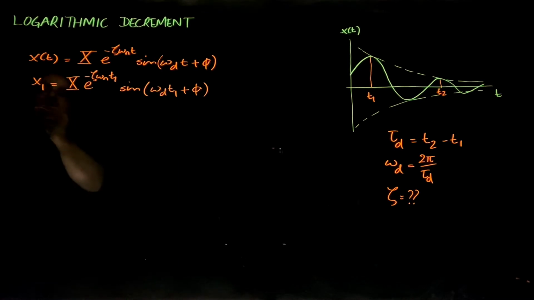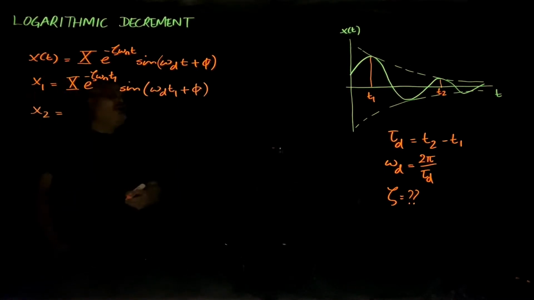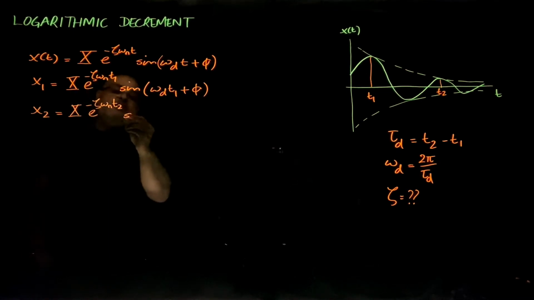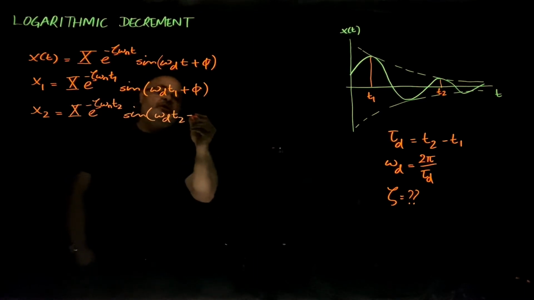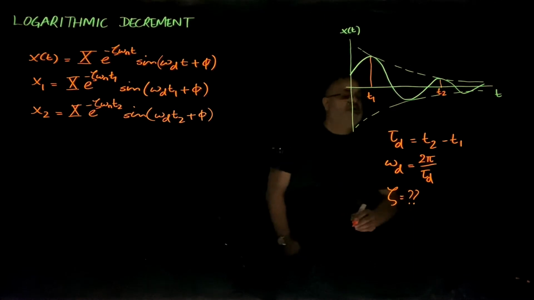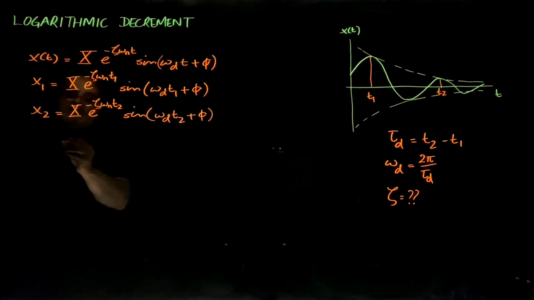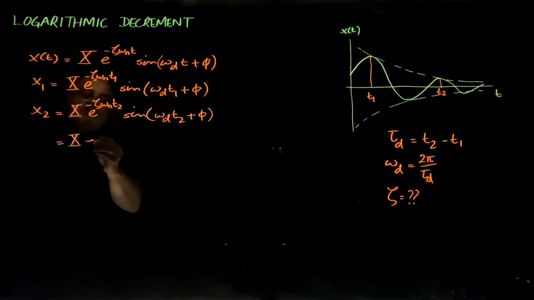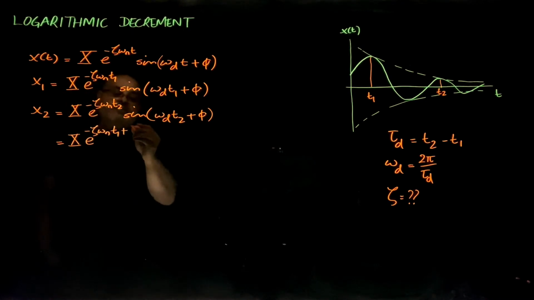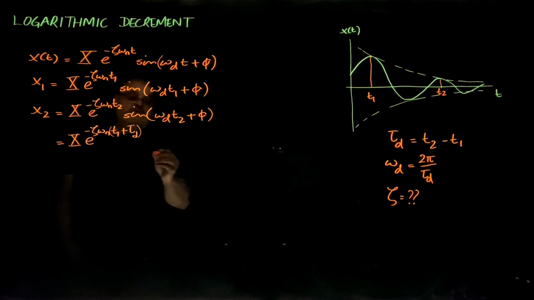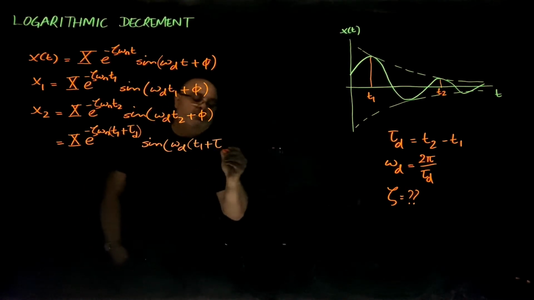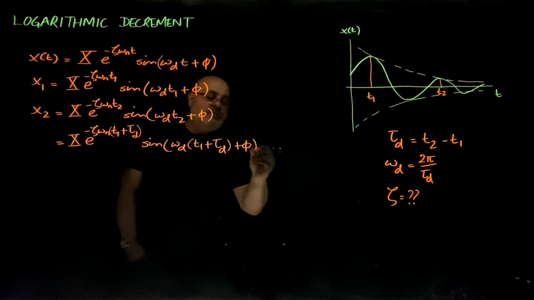And x at time T2 is X e to the power negative zeta omega n T2 sine omega d T2 plus phi. Now, T2 is T1 plus tau d, the damped period, so if I substitute here, I'll get e to the negative zeta omega n (T1 plus tau d) sine of omega d (T1 plus tau d) plus phi.